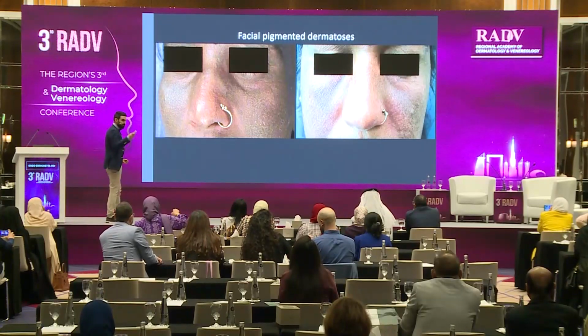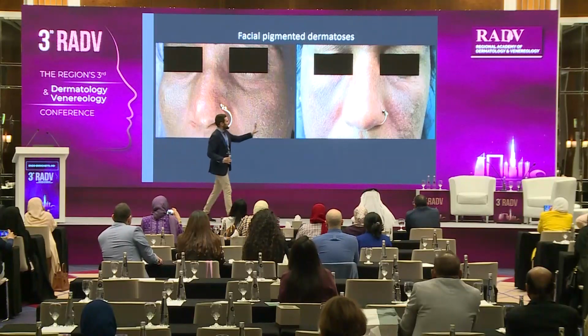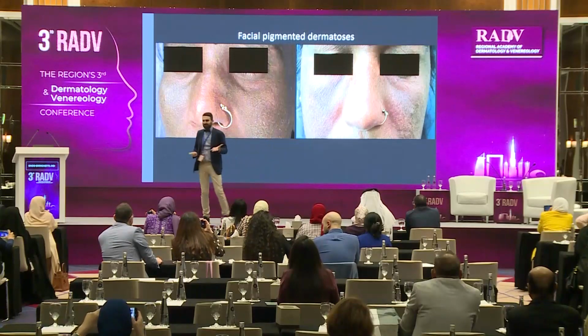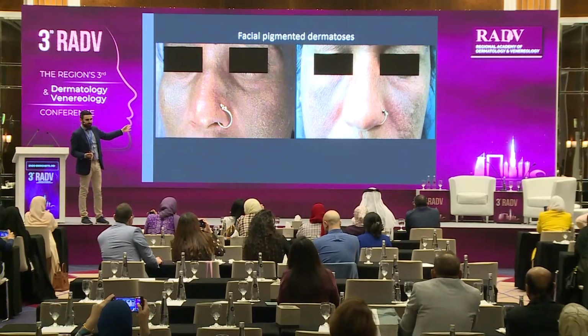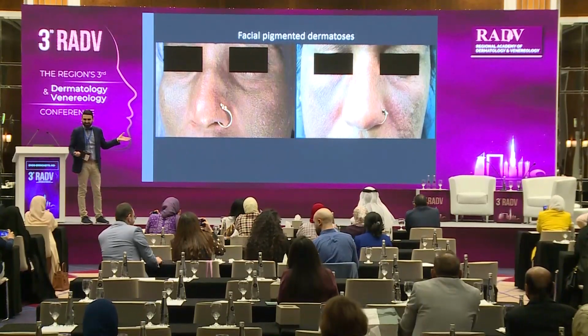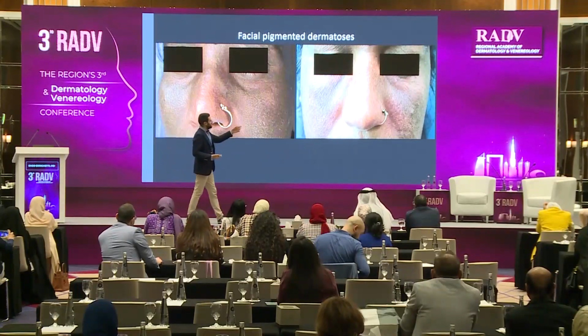Perfect. Now, let's move to the face. Pigmented facial dermatosis. Here, it's very difficult. Now you have to tell me the diagnosis. Which one? This one is ochronosis. Why? And this one?